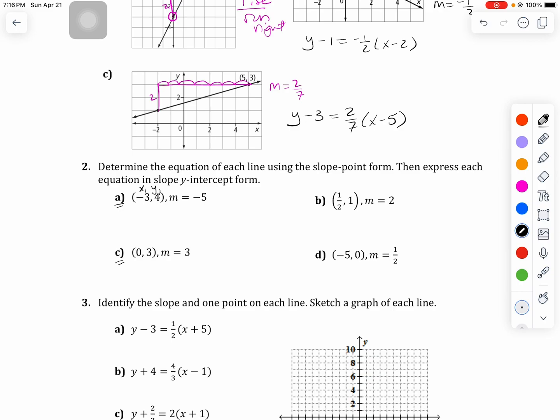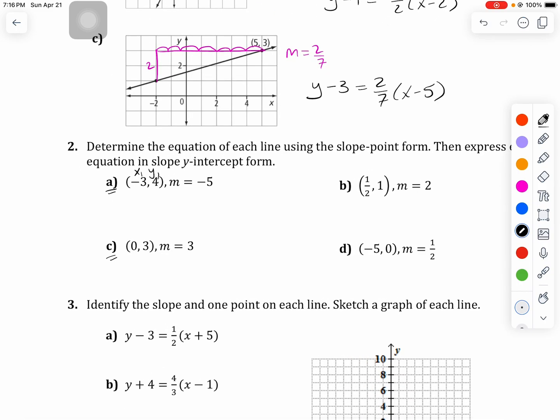The whole point and slope are given right to us. So we're just going to plug in y minus y1, which is 4. Our slope is negative 5, x minus a negative 3, right? There's a subtract a negative 3. So that's 2 negatives together, which make a positive.